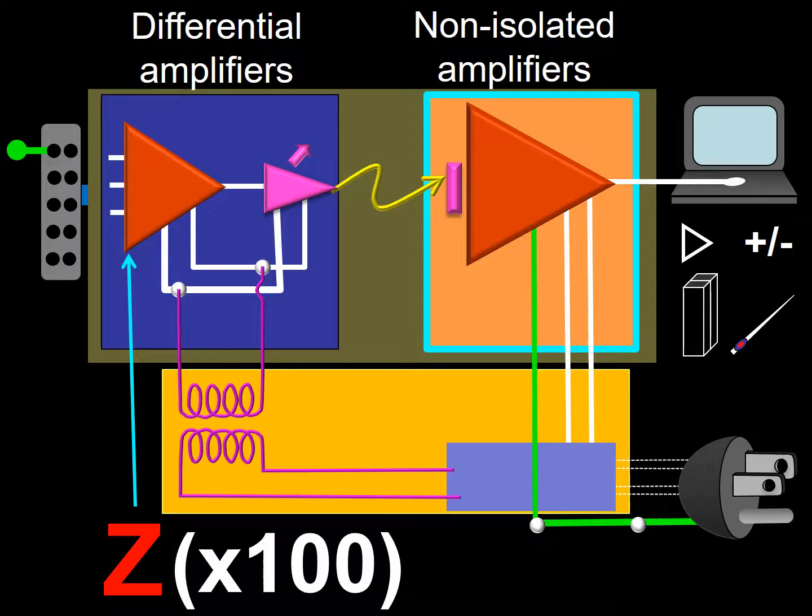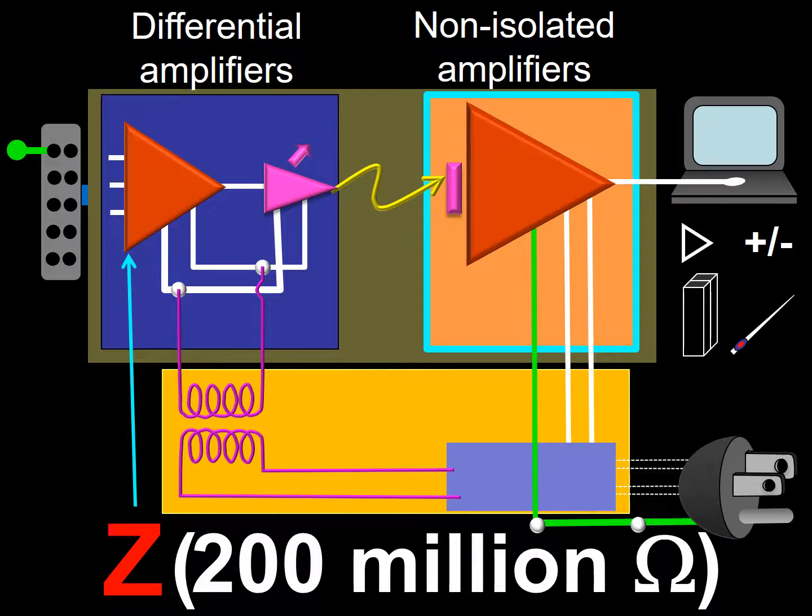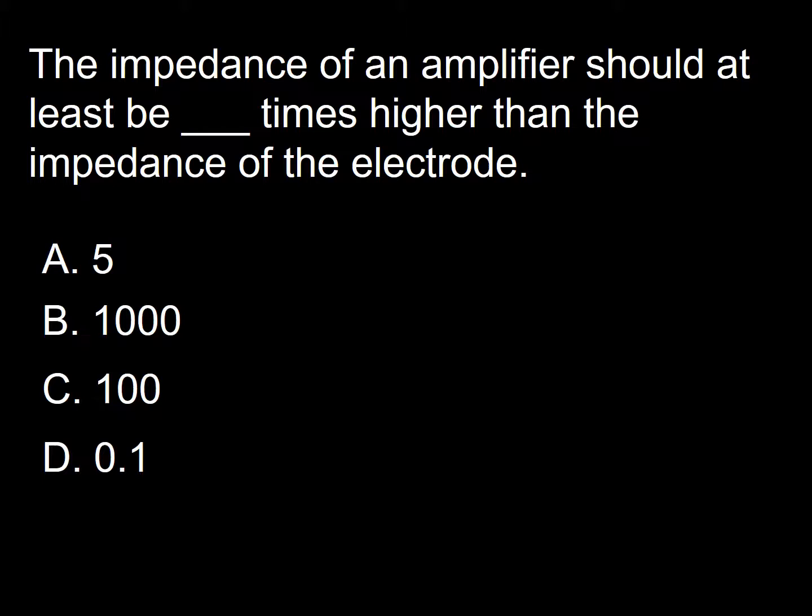Impedance of an amplifier used in neurophysiology equipment should at least be 100 times higher than the impedance of each electrode. Modern EEG machines have very high impedance, in the range of 200 million ohms. So the answer to this question is C.